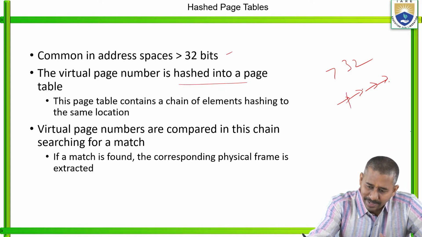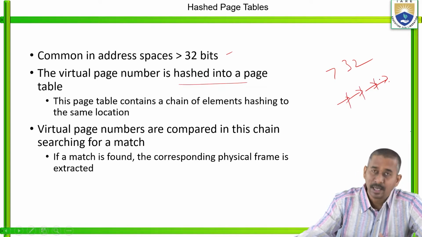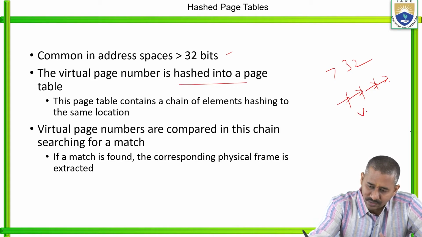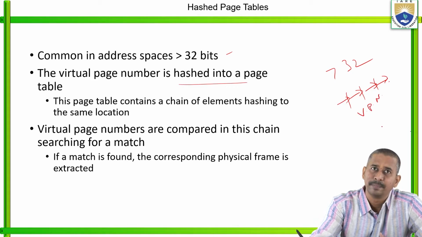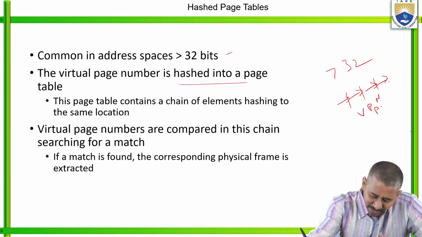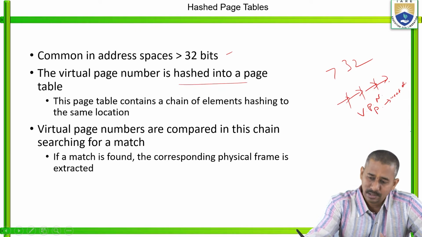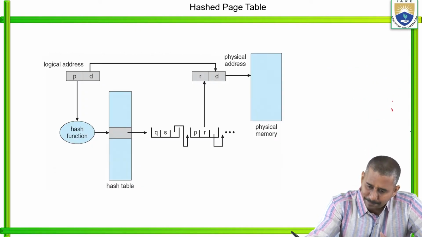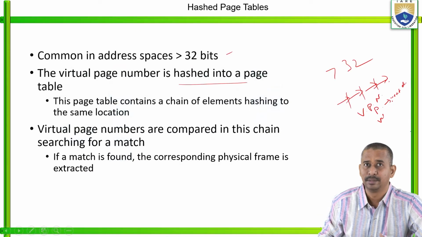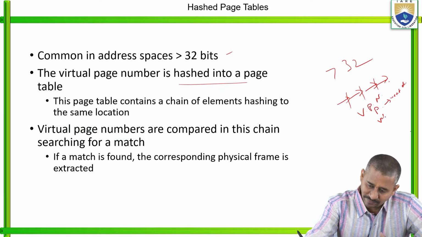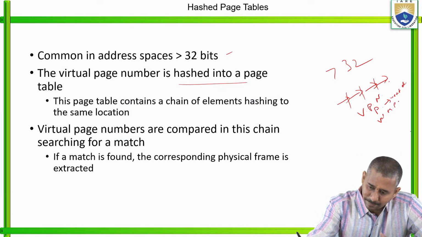These elements consist of the virtual page number, the pointer to the next element, and the value of the mapped page frame.